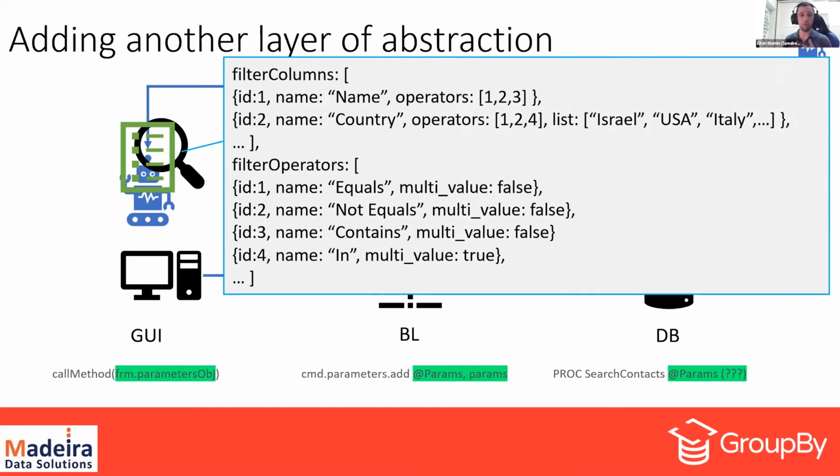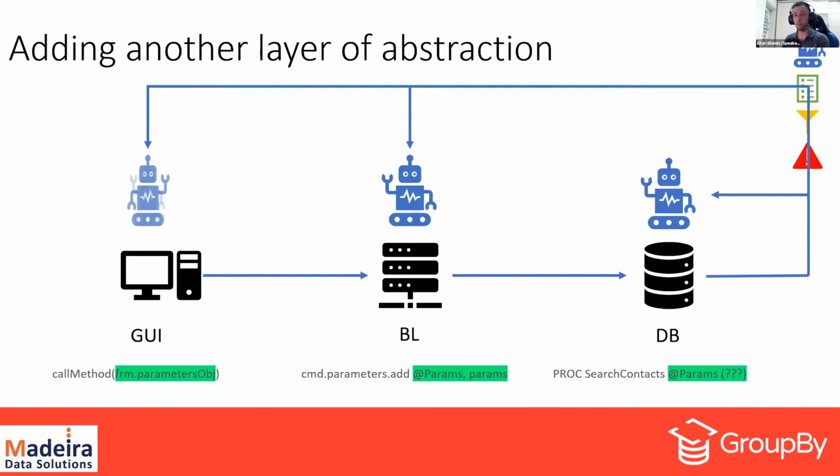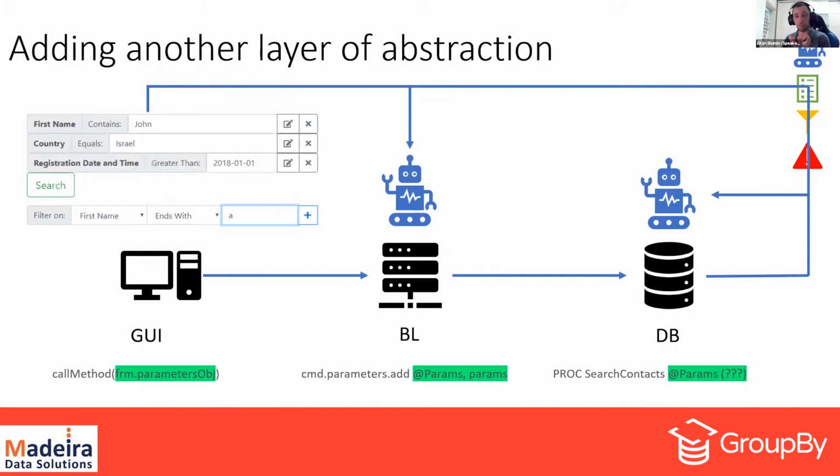If it's a multi-value operator, then we also need a list of possible values. You see the operators at the bottom, equals, not equals, contains, in, and whether each one is multi-value or not. Once the GUI has this information, it can dynamically construct the search form, right?